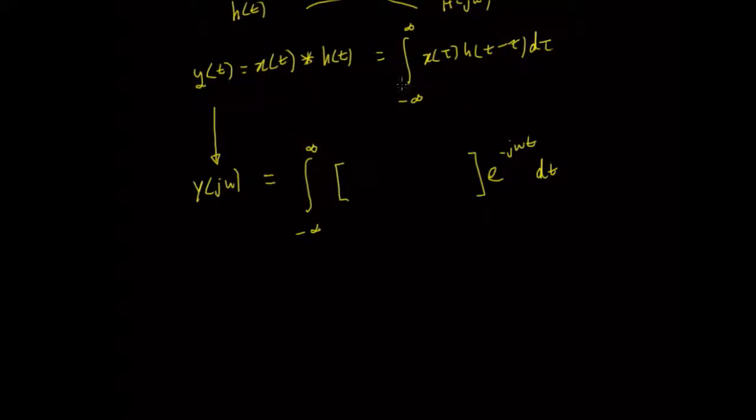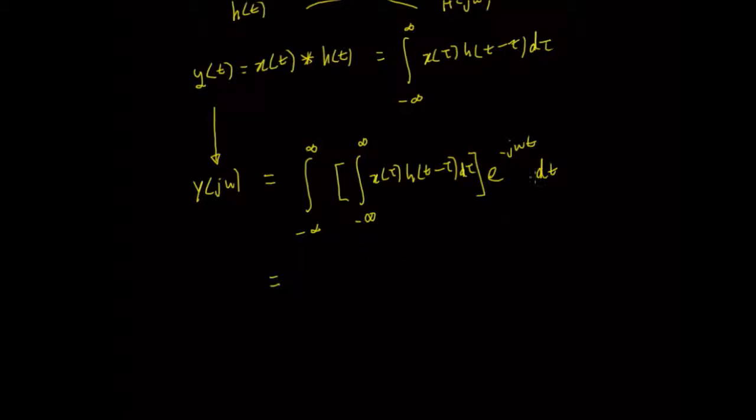So we'll just stick this in here. So we'll have the integral from minus infinity to infinity of x of tau h of t minus tau d tau. Now the rest of what follows is just a bit of jiggery pokery to try and bring this into the right format.